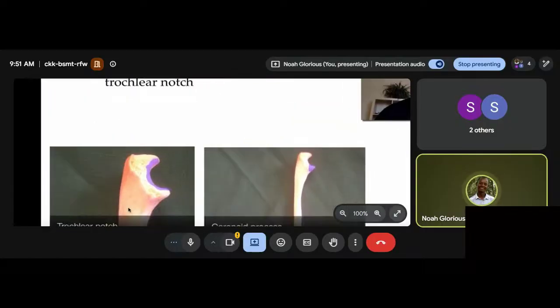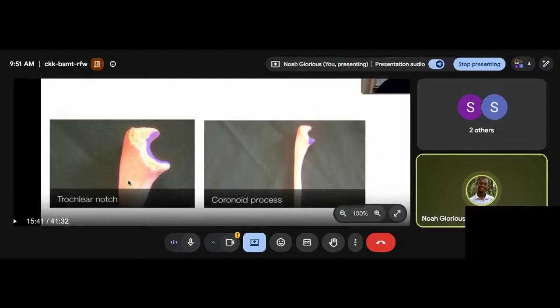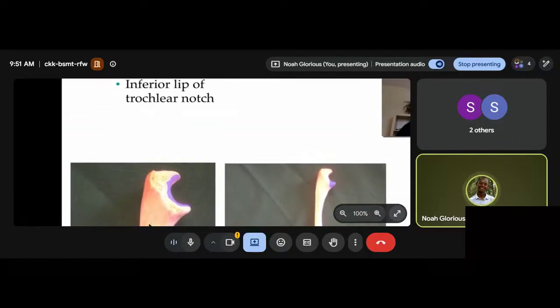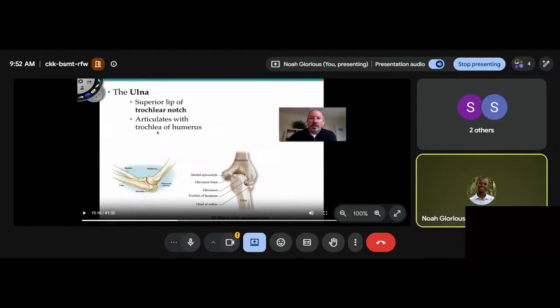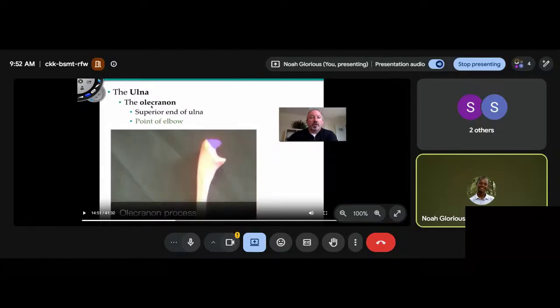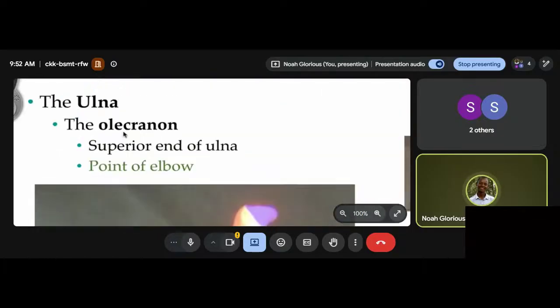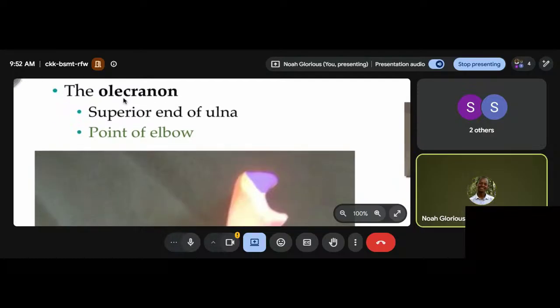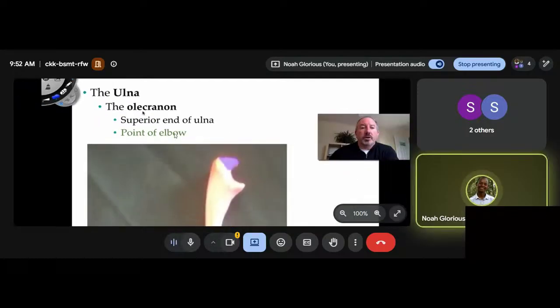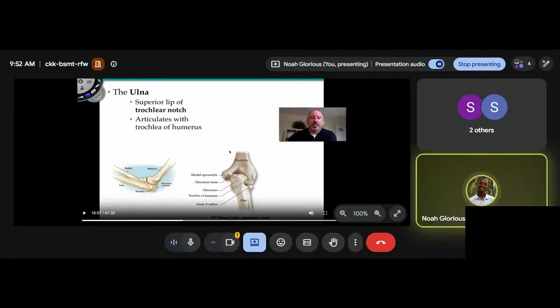Something more. I hope you can also see where we said above there is the olecranon process at the top, then at the bottom we have the other process here.